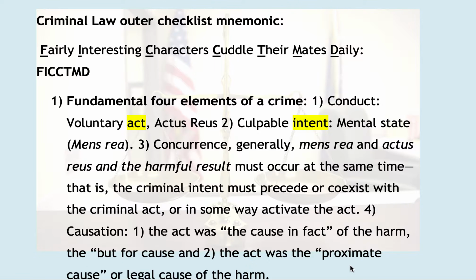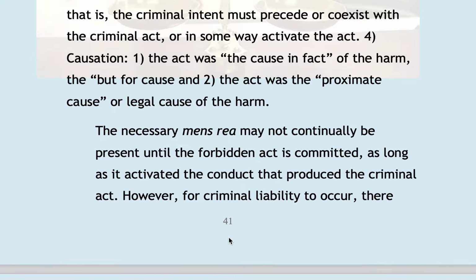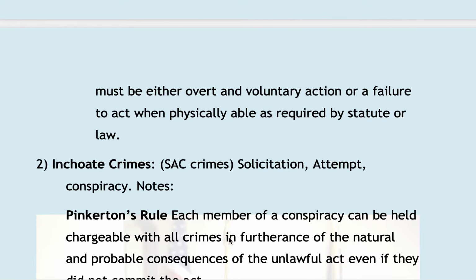And with the thing that you're going to jot down, you're going to remember the sentence, fairly interesting characters cuddle their mates daily. I made this one up. And what it is, FICCTMD. The fairly stands for fundamental 4 elements of a crime. The interesting stands for inchoate crimes.